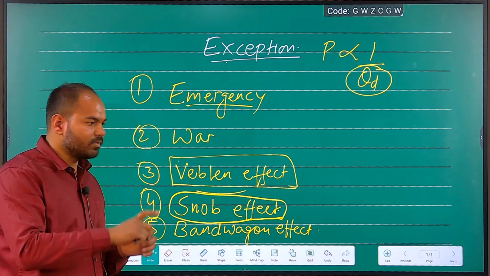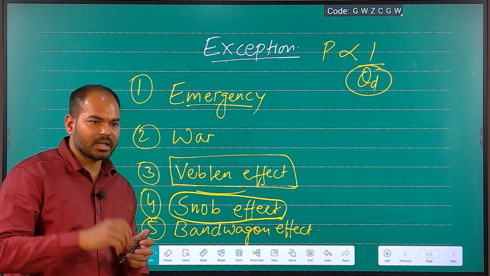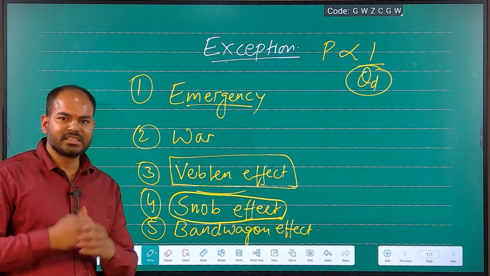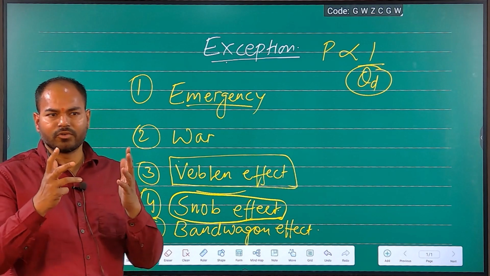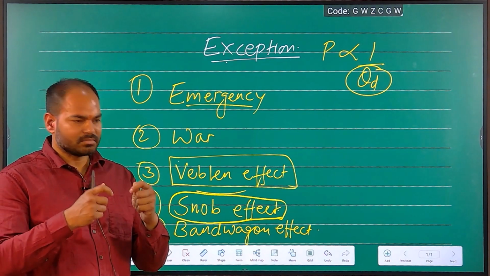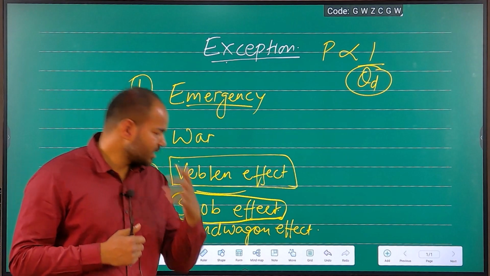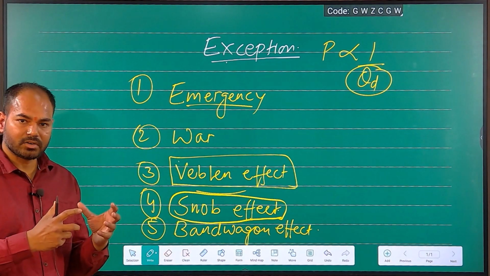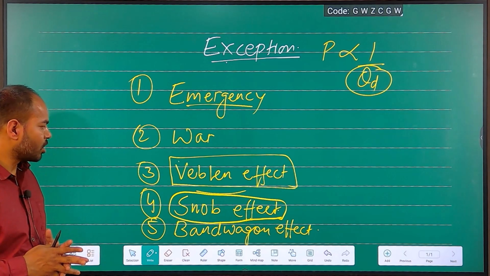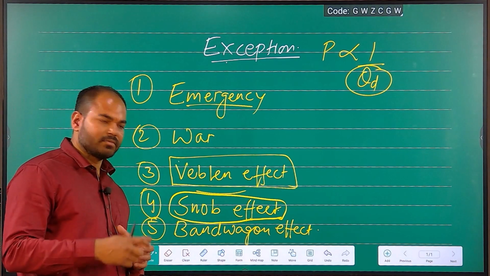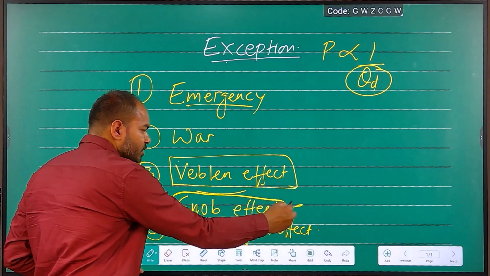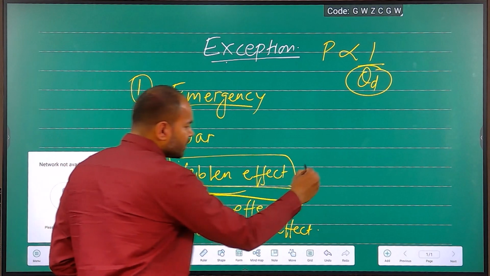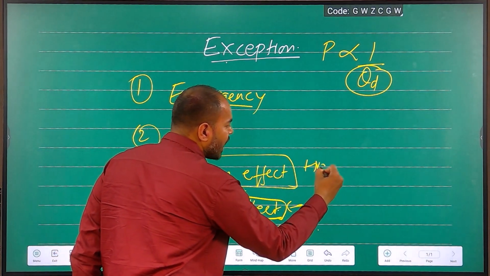They will come with some new product, say a military kind of mobile phone, which is a very hardy and very durable kind of product. There is some model of mobile phone which is very durable. So that is the snob effect, where they want to differentiate, doesn't matter if they are looking for a high-end product. The Veblen effect is particularly related to high-end products.